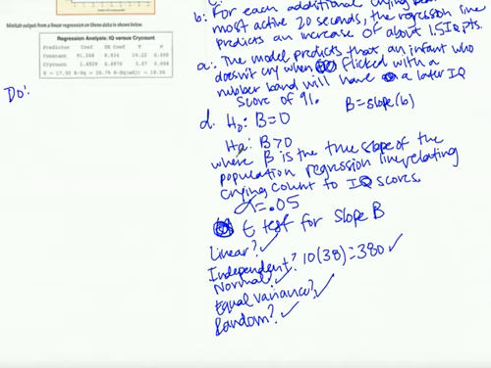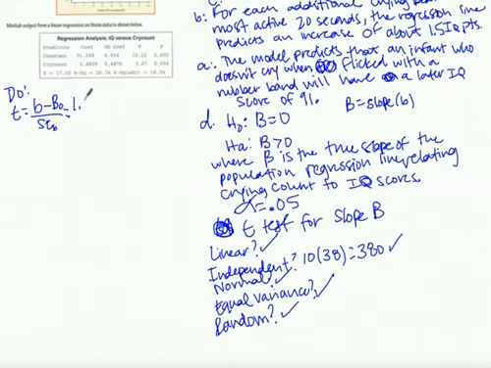All right, for the do step, we're going to have to figure out what our t-statistic and what our p-values are going to be from Minitab. So to get our t-statistic, we would be doing b minus beta naught over the standard error of b.